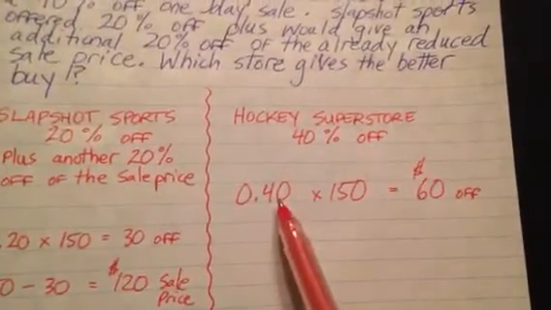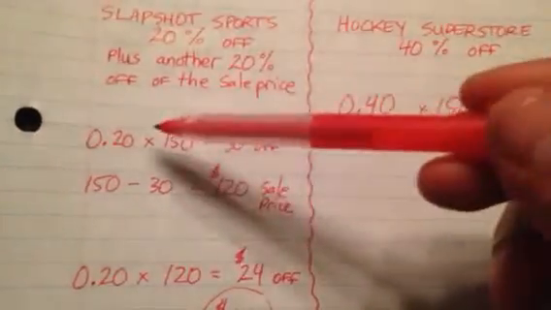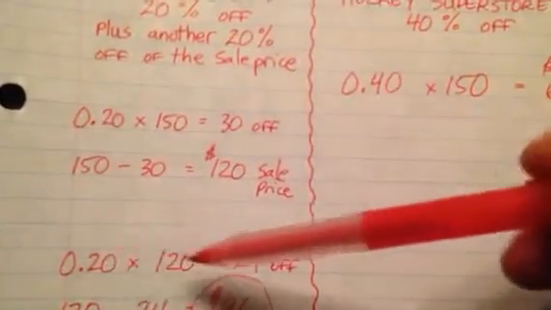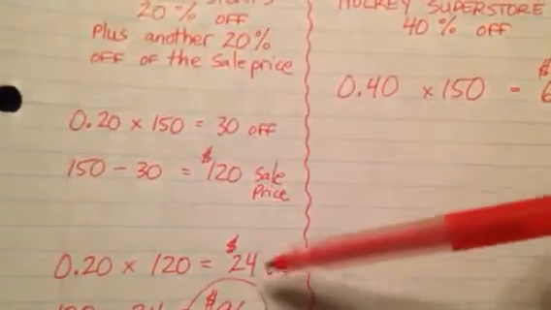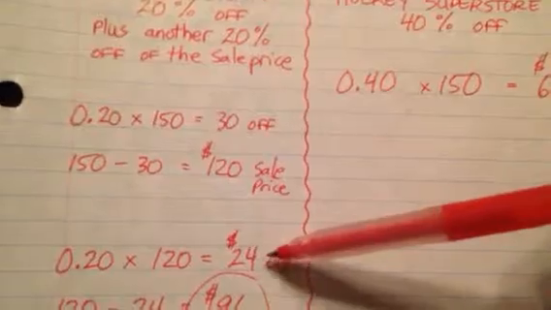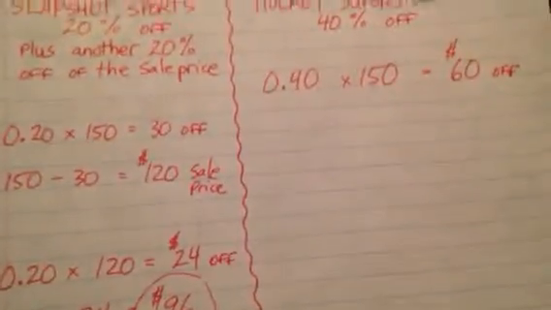When we take 40% all at once, we saved 60. In this question, we took off 20%, we saved 30. Then we took off another 20% off of the already reduced price, and we only saved 24 this time. So 30 and 24, we've only saved $54 this way, whereas already we've saved 60 when we do it all at once.